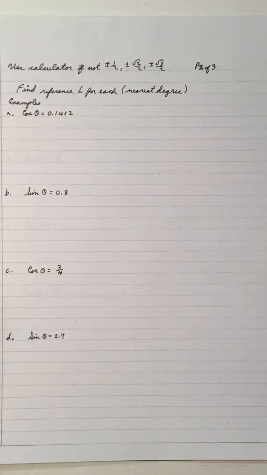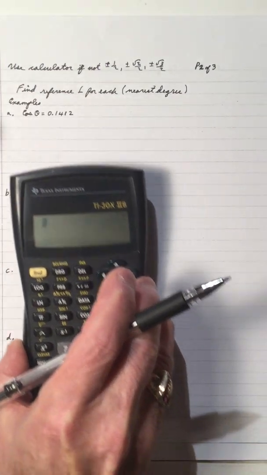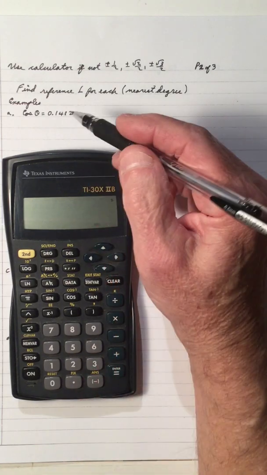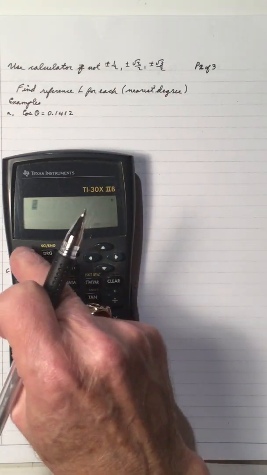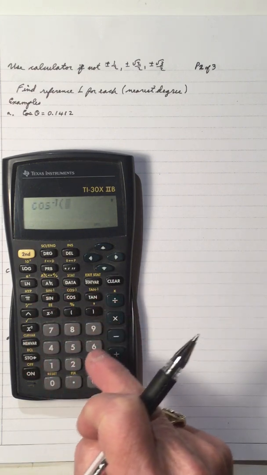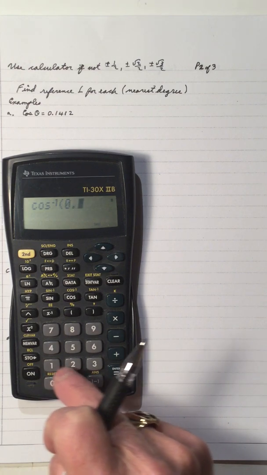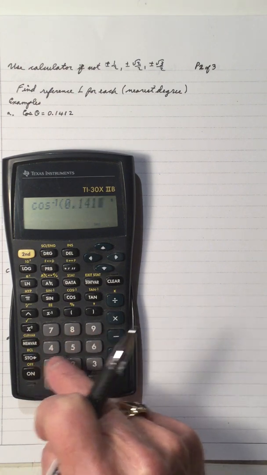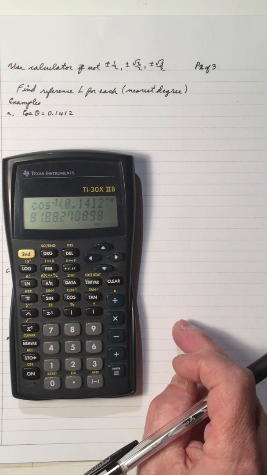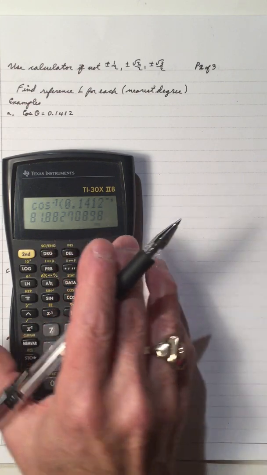This time I have to use my calculator because it's not one of those special ones. So I plug it in as second function cos of 0.1412, and that gives me 81.88, so to the nearest degree is 82.